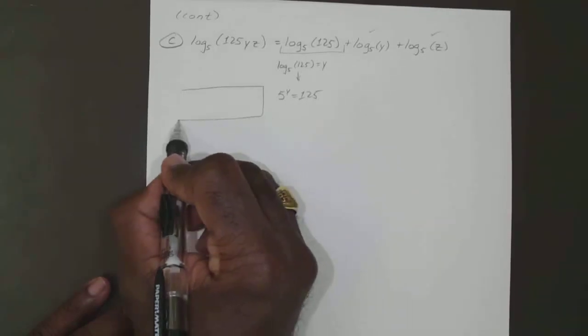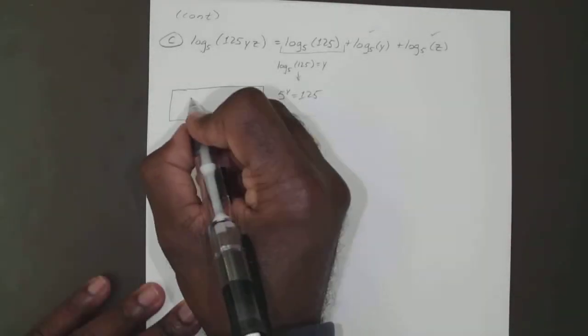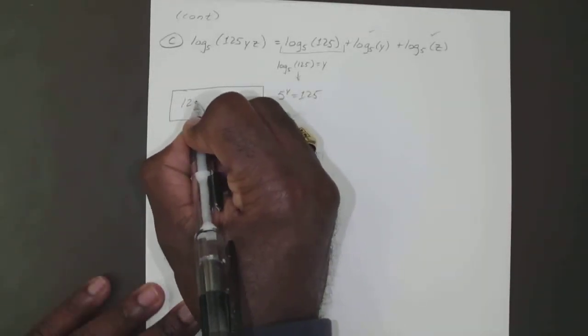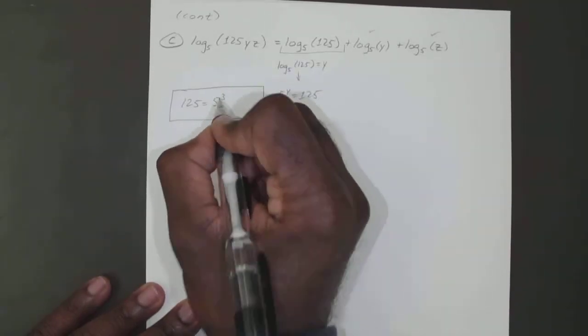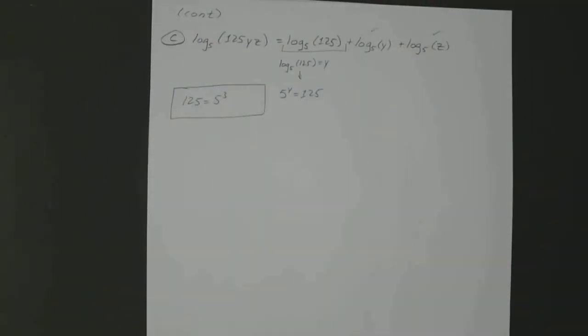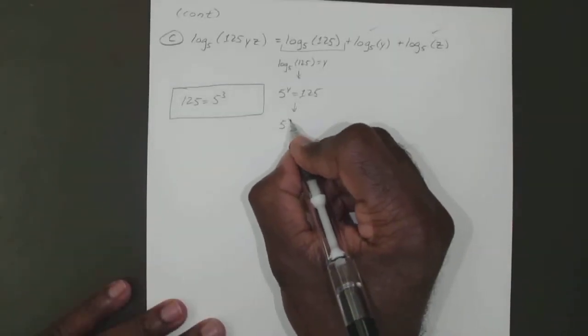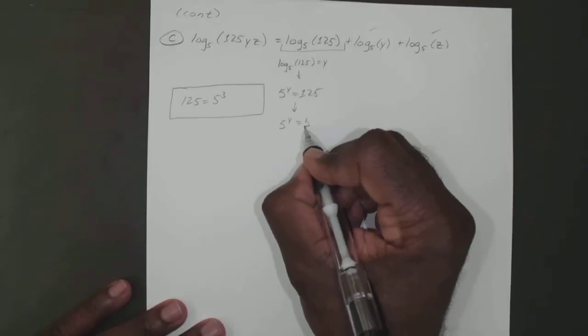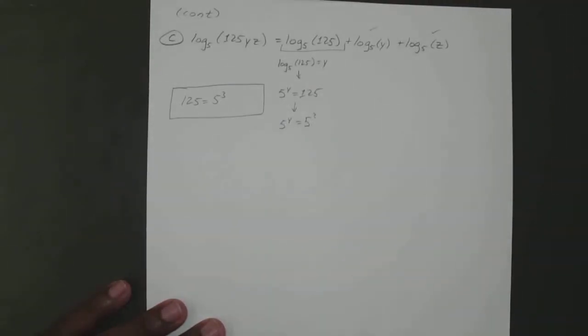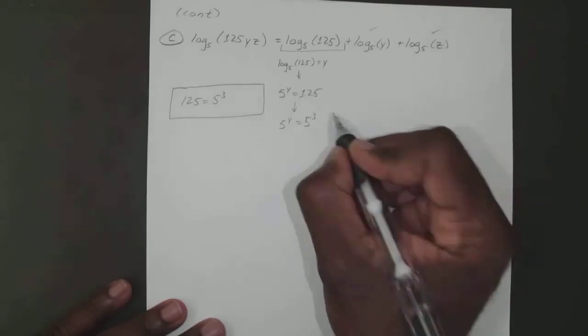Put a little side note: we know that 125 is just 5 to the third power. 5 times 5 is 25, 25 times 5 is 125. So this becomes 5 to the power of y equals 5 to the third power.